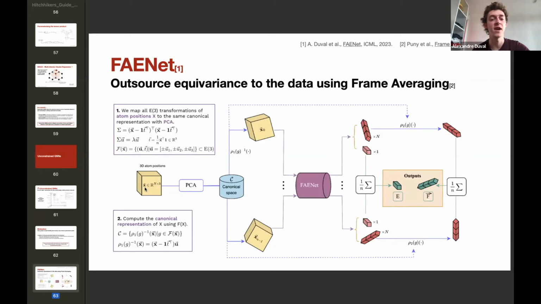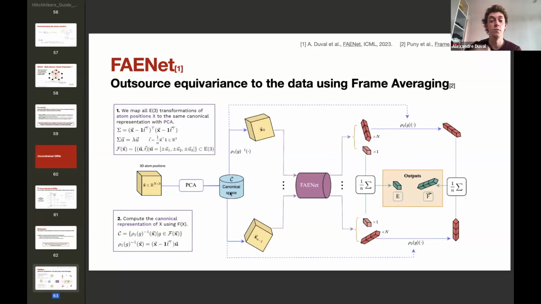And using the eigenvectors, you project your input graph and its positions into what we call the canonical space. And this canonical space is the same for every Euclidean transformation of your input graph. Because no matter what rotated version of the graph you saw as input, using PCA is going to end up with the same projected positions.